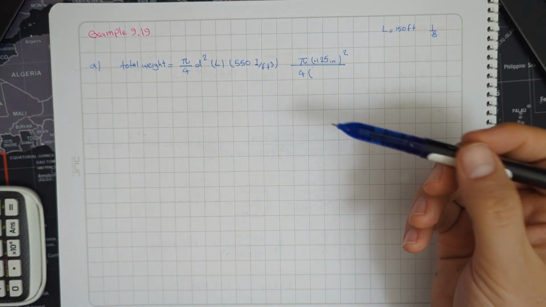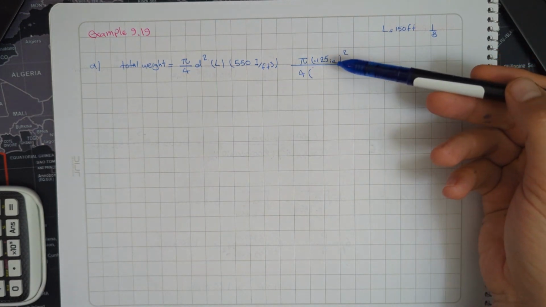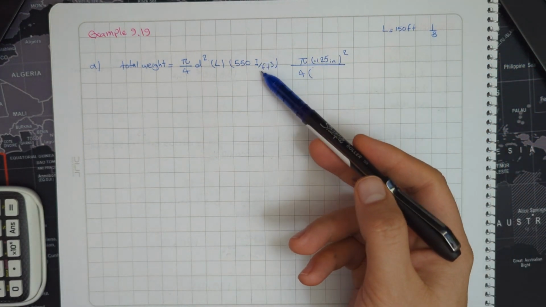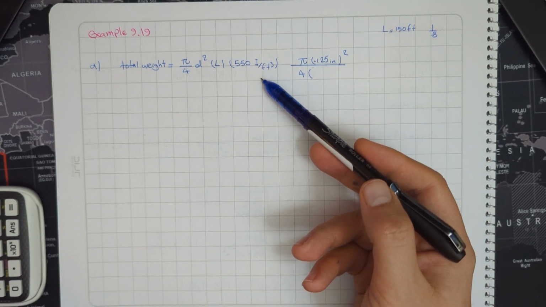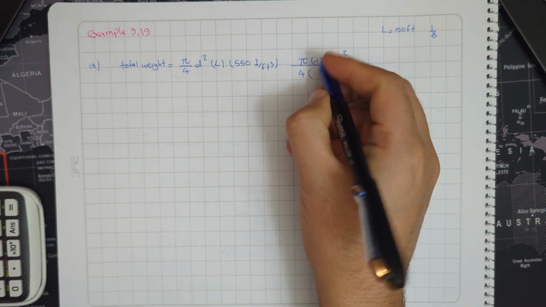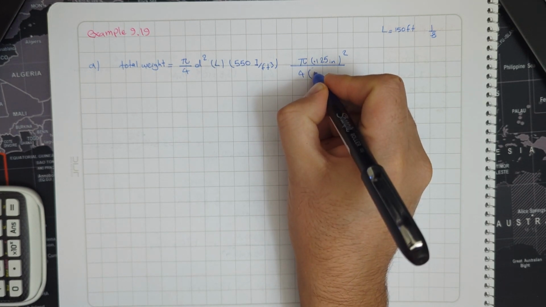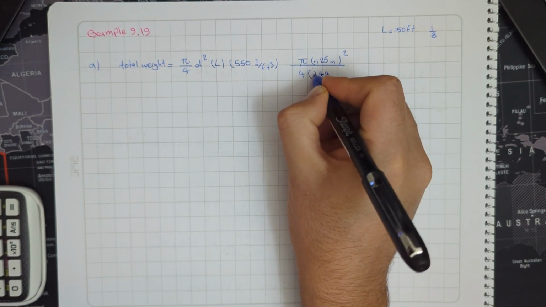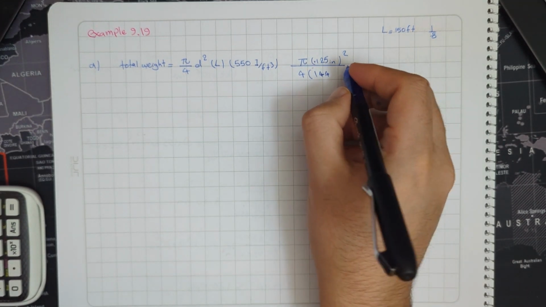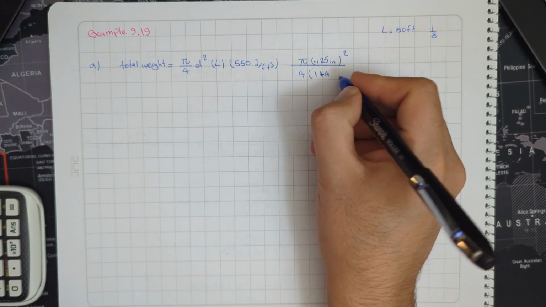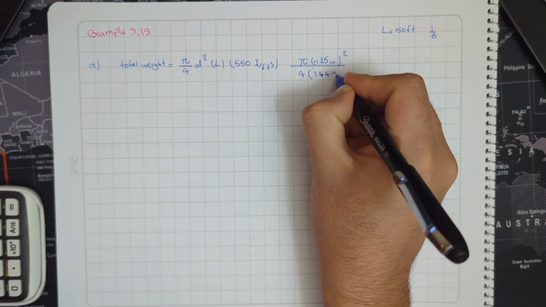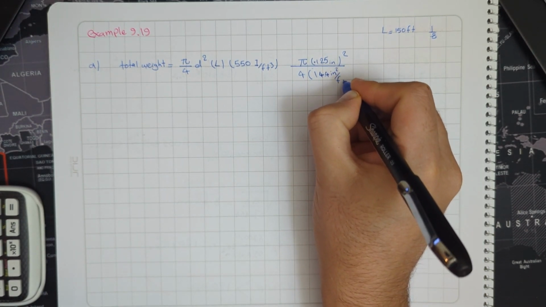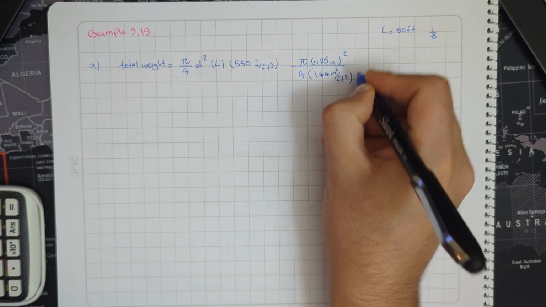If you want to change the inch square to feet square, we have to convert it. This is how we convert it. We have to multiply by 1/144 feet square per inch square.